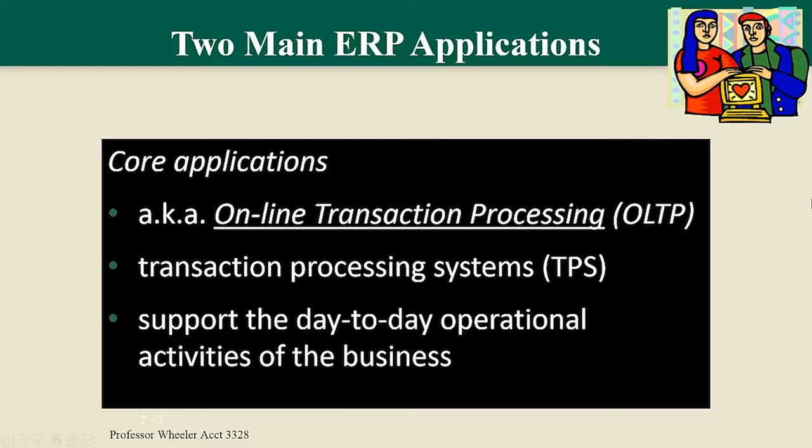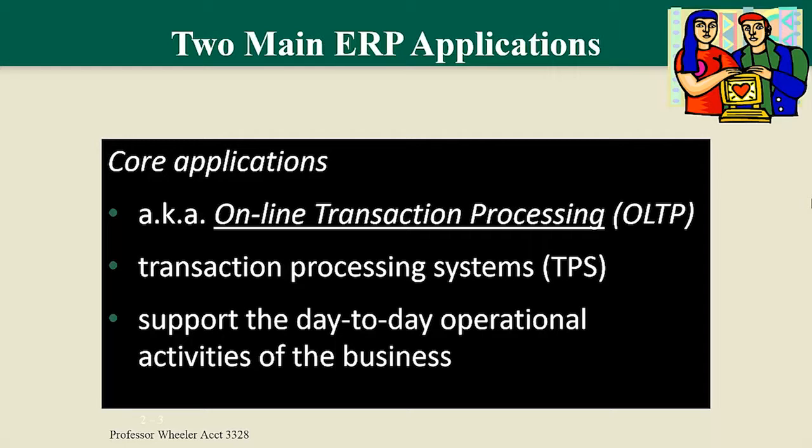The two main ERP applications, OLTP and OLAP, let's talk about the first one. OLTP, Online Transaction Processing, consists of core applications. These are the basic business functions that the company engages in. The OLTP supports transaction processing and is often referred to as TPS, Transaction Processing System.